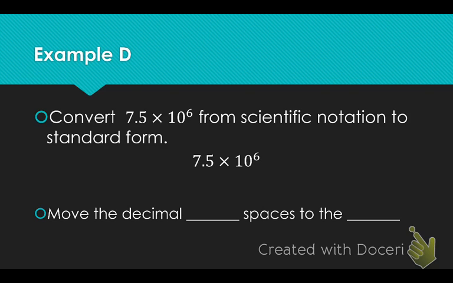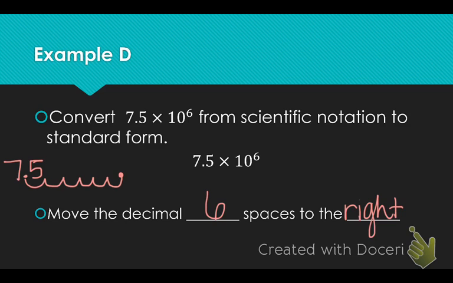We're going to convert 7.5 times 10 to the 6th from scientific notation to standard form. So I need to move the decimal 6 spaces to the right. So 7.5, 6 spaces to the right. There's 1, 2, 3, 4, 5, 6. Fill in the gaps with zeros.